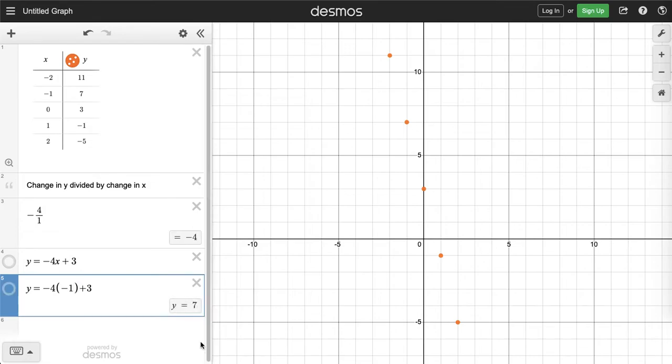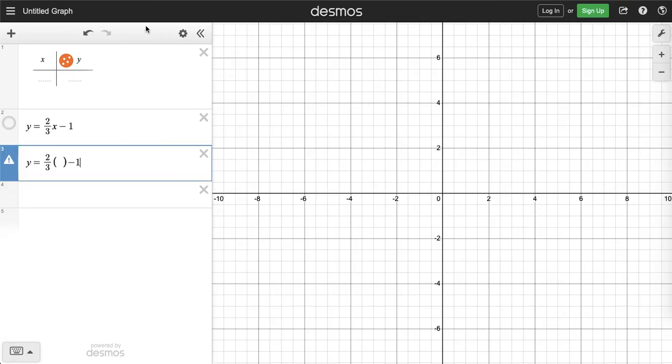If I go the other way, negative 4 times negative 1 is positive 4, plus 3 extra is 7. And if we go negative 2, negative 4 times negative 2 is positive 8, plus 3 takes us to 11. Okay, and so I'm going to just bring in that line, and you can see we actually have all 5 of our points fit on that line, so we've graphed it correctly.